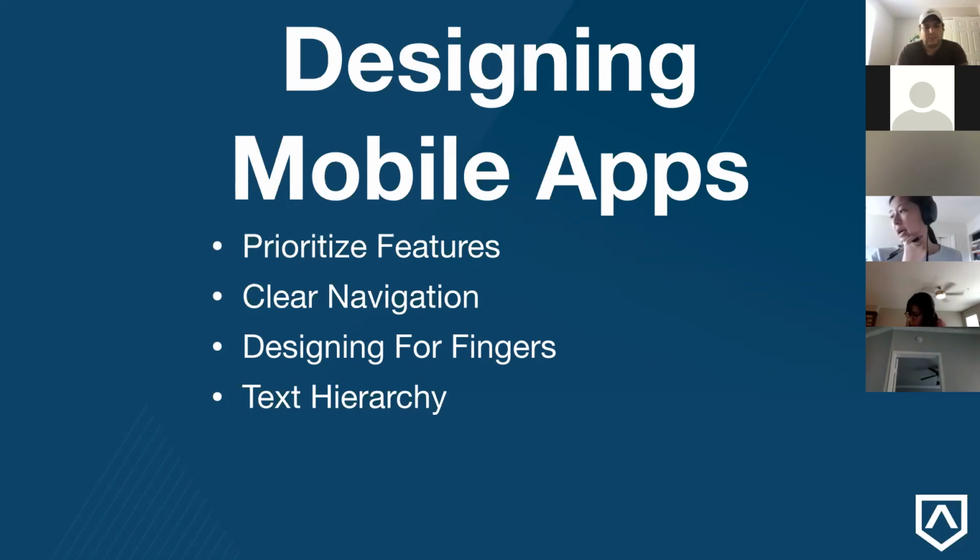So I wouldn't say there's like a set of links that have to be there. It's going to vary. It's going to be very contextual to the product that you're creating. But we can take a look at some of those examples in the mobile app interfaces when we get there in a bit.